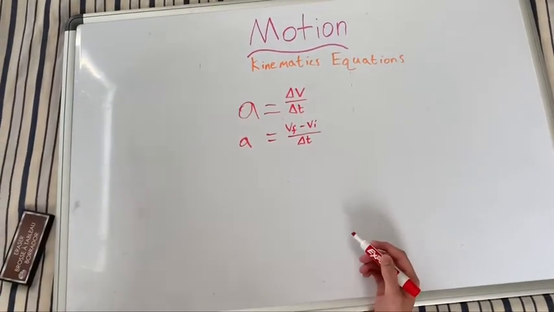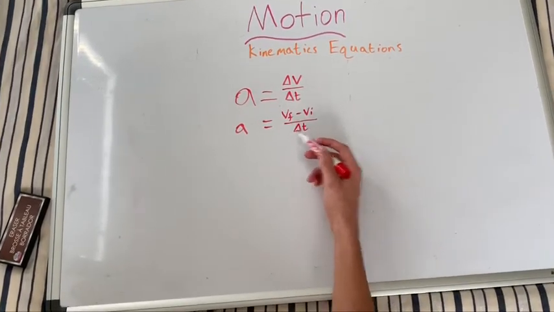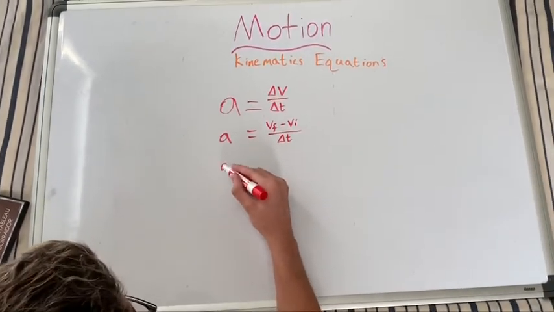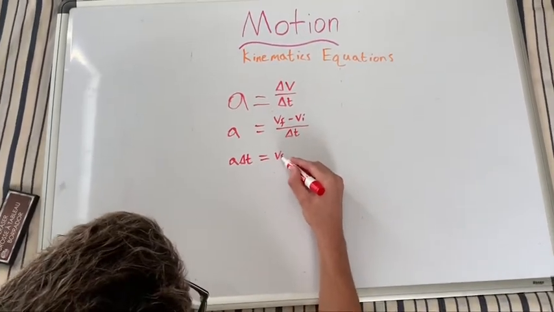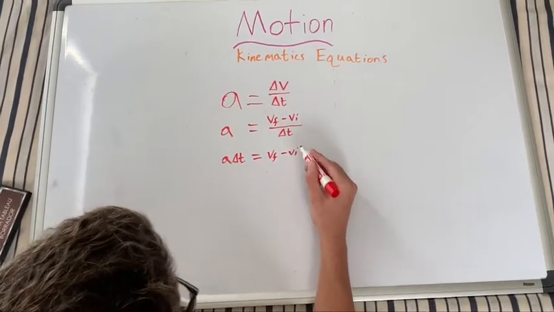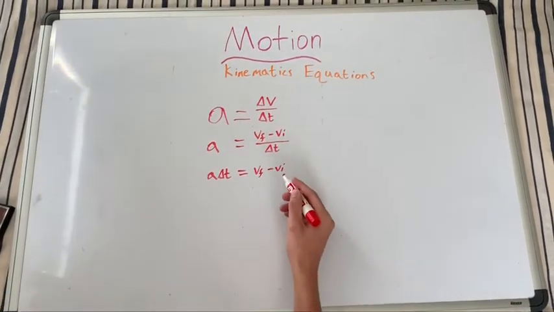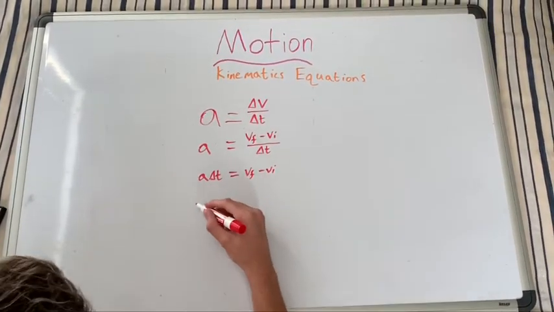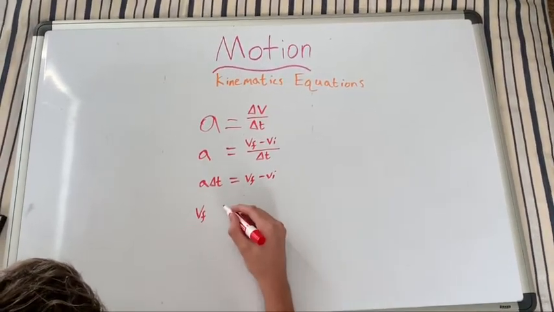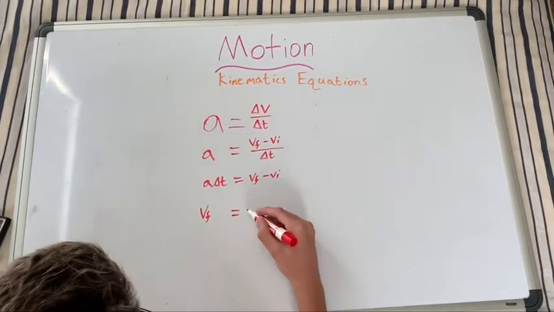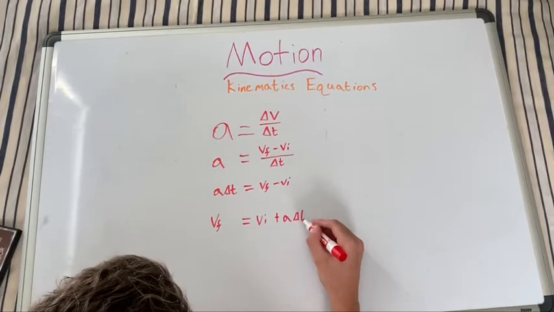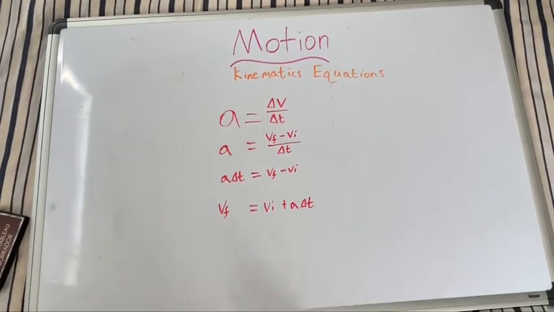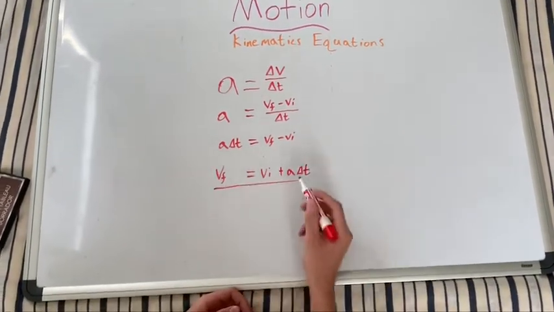Then we do some simple algebra. We multiply by delta t, so we have a delta t equals vf minus vi. Then we add the initial velocity, and we get the first kinematics equation: vf equals vi plus a delta t. So this is our first kinematics equation right here.